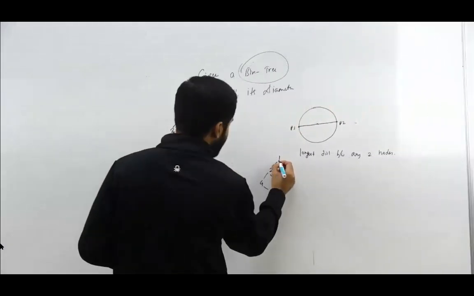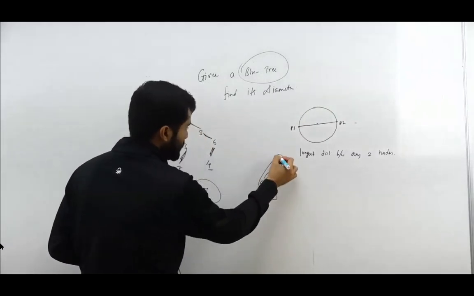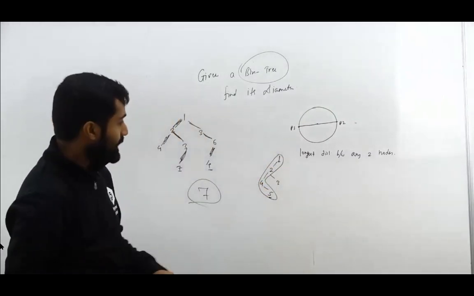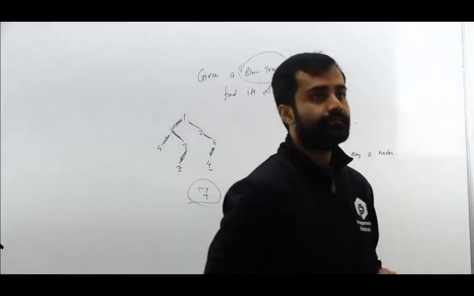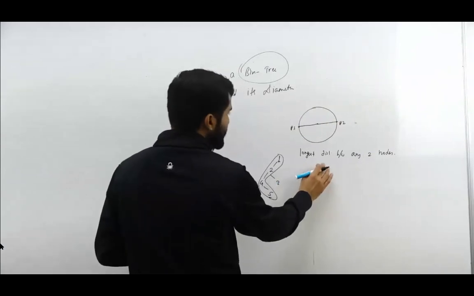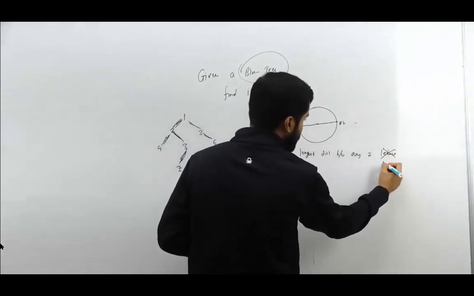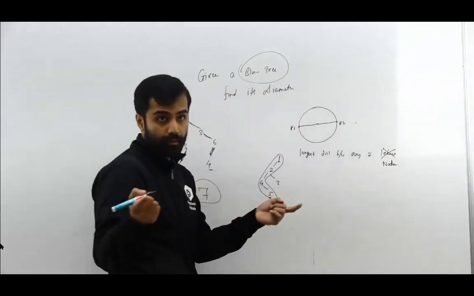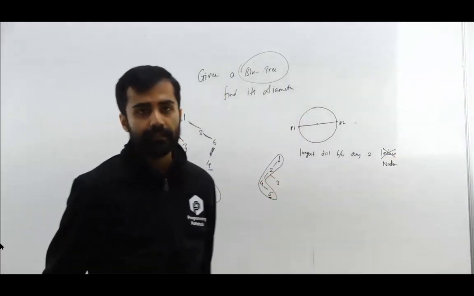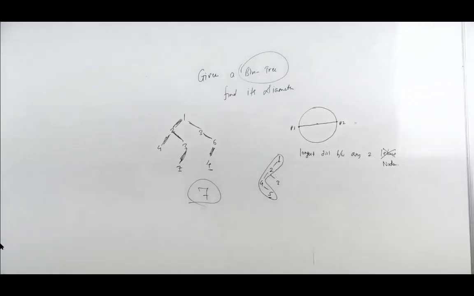If you consider 1 and 5, the distance between them is 1, 2, 3, 4 units, right? And is 1 a leaf node? 1 is not a leaf node, correct? So never ever say that the diameter is the longest distance between two leaves. Certain people say it is the longest distance between two leaves. No, it is the longest distance between two nodes, and those two nodes can be anything. An important point. Is that making sense to everyone?